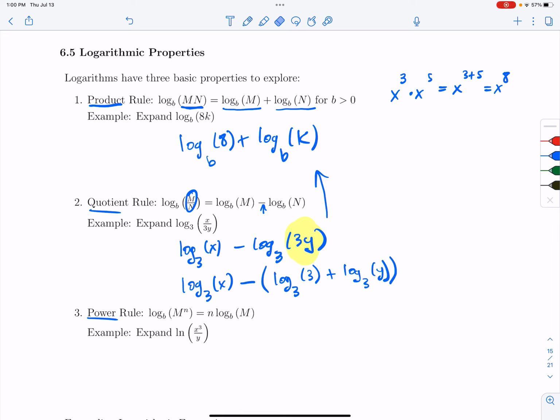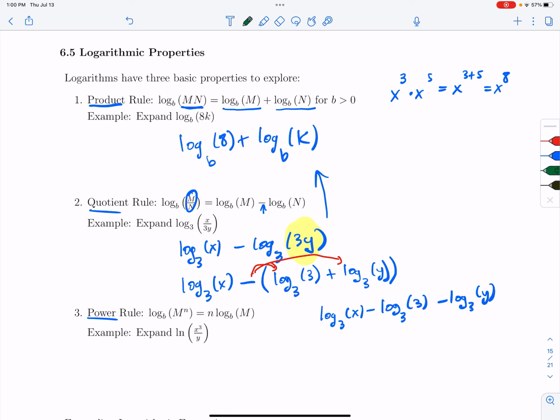By putting that minus sign in front, it's going to get distributed through. And if we didn't do that, we would do this incorrectly. So we could leave it as it is, or we could say log base 3 of x minus log base 3 of 3 minus log base 3 of y.